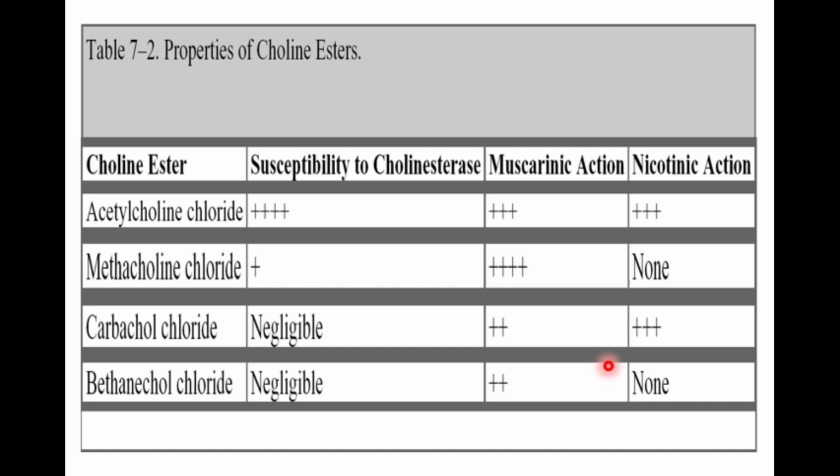Bethanechol is also resistant to hydrolysis by cholinesterases. It is devoid of nicotinic activity and used clinically for its action on the muscarinic receptors on the gut and bladder smooth muscle.